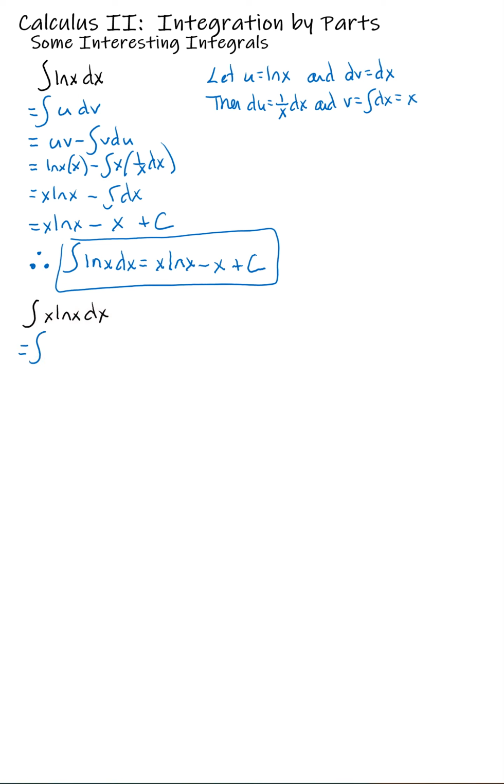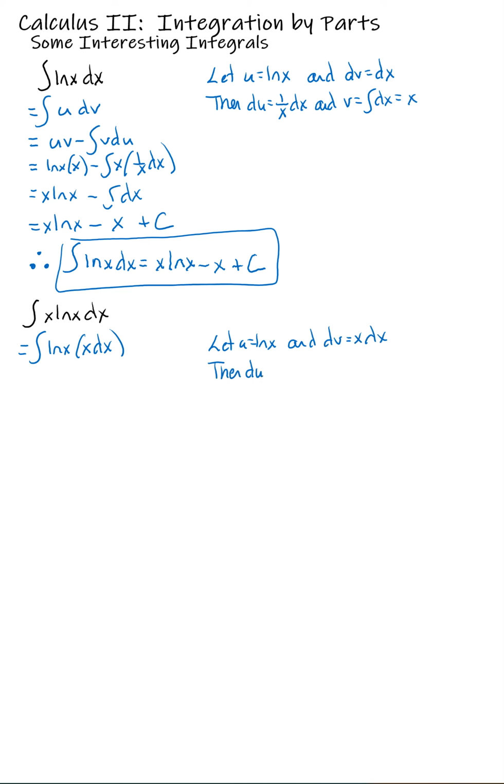Let me first rewrite this one. I'm going to take the natural log, put it by itself, and then combine the x and the dx. There's my polynomial. So just like before, we will let u equal the natural log of x, and dv is x dx.